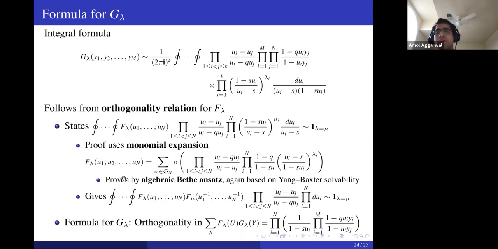So you first prove a monomial identity for f using the algebraic Bethe ansatz. You can start integrating things out, and you get an orthogonality relation that looks like this. I put that orthogonality relation into the quotient identity, and then I get the formula for G.